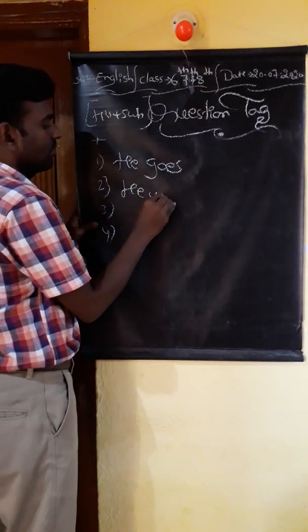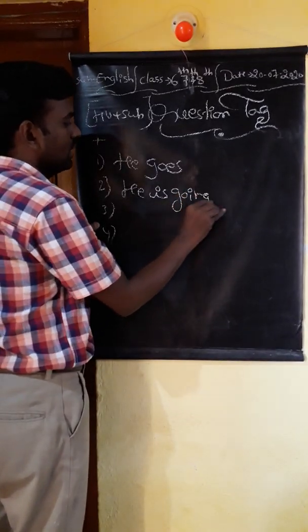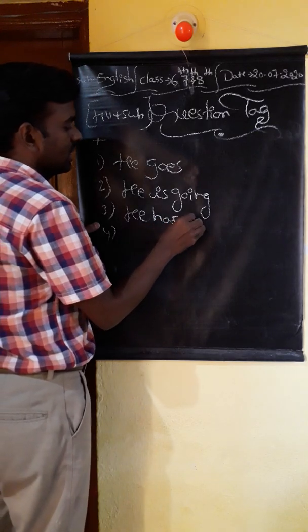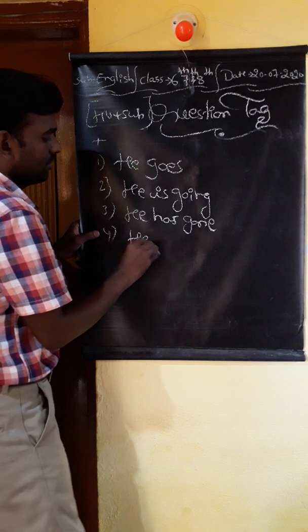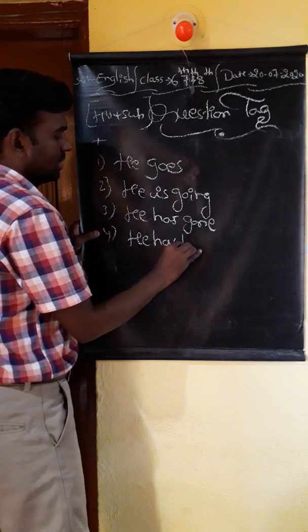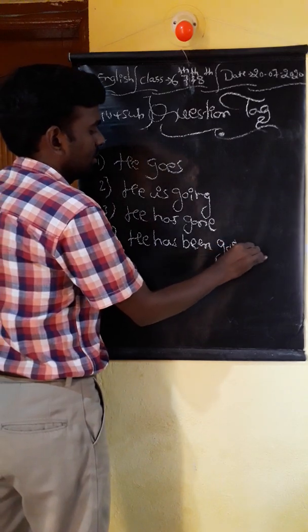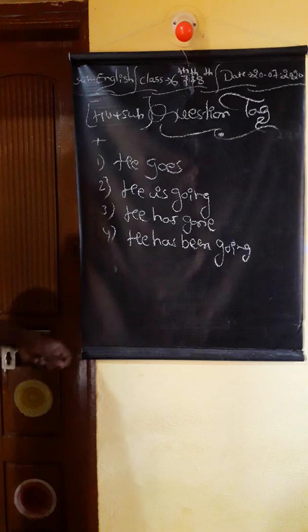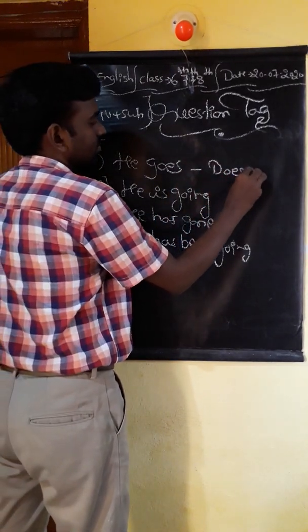For the second one, I am going to write, he is going. For the third one, he has gone. And again I am writing here, he has been going. So for he goes, the question tag will be doesn't he.